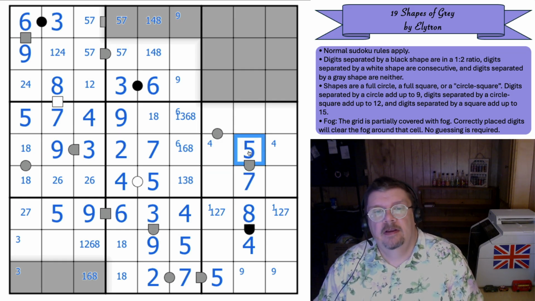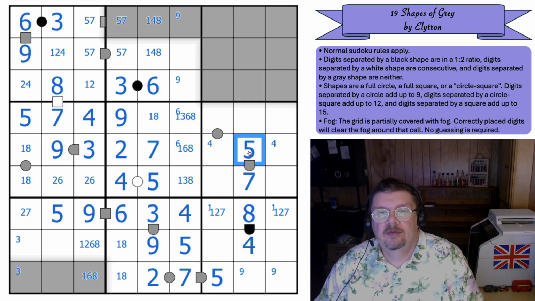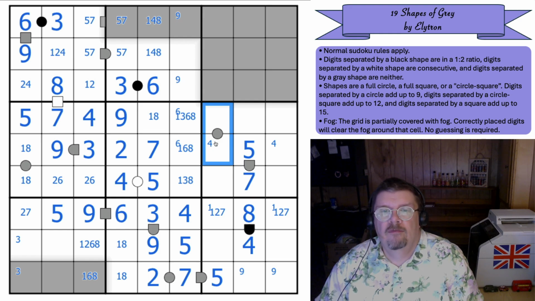Okay, doing the right kind of symbol will probably help quite a lot when you do your solve. This here is a dot that adds up to 9 and can't be 4, 5. Circles add up to 9, can't be 4, 5. So that can't be a 4.